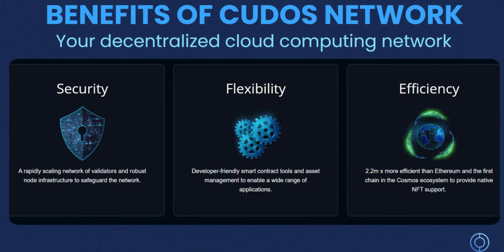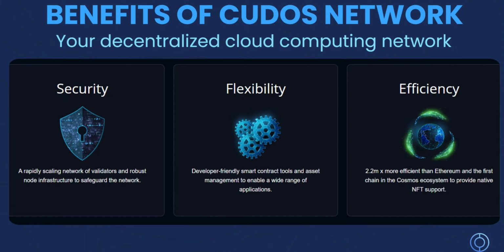Next is security. The CUDOS network is secured with robust validators spanning across the globe. And flexibility: it is a very flexible and robust network for developers to build smart contracts and other tools. And then we look at the efficiency of the network.